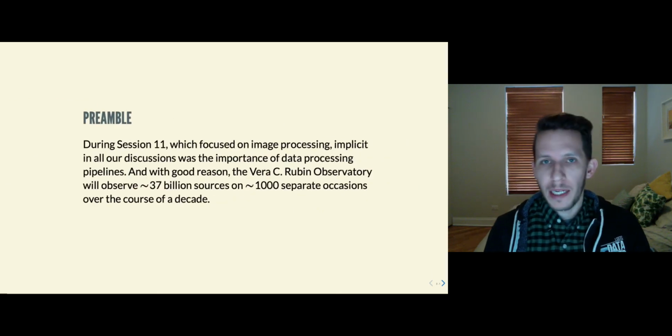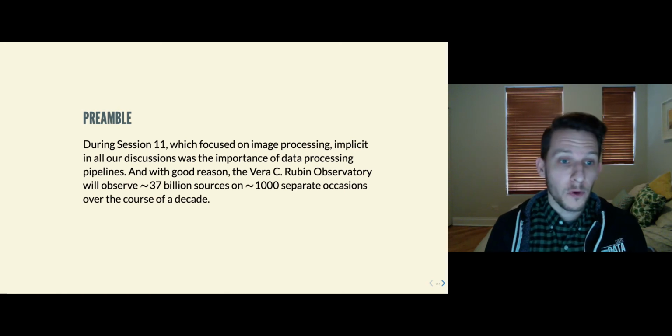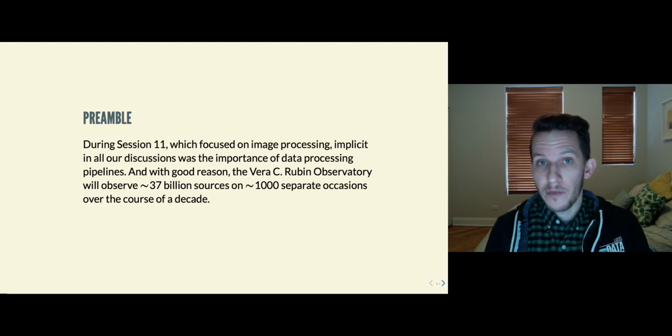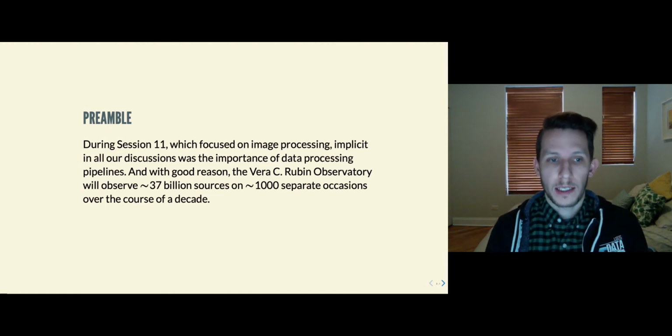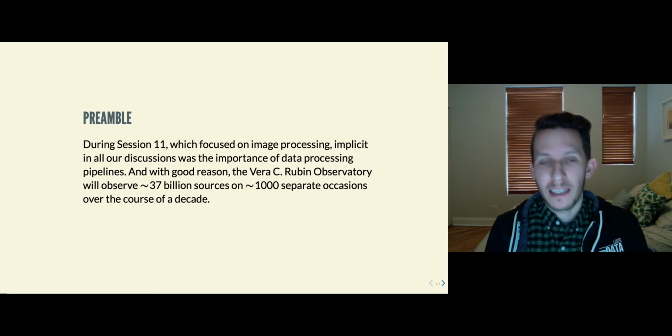Before we really jump in, I'm going to ask for a moment for a short preamble. During the previous session, session 11 of the DSFP, where we focused on image processing, implicit in all of our discussions about measuring PSFs, CCD detectors, and how to estimate astrometry from an image, was the importance of data processing pipelines.